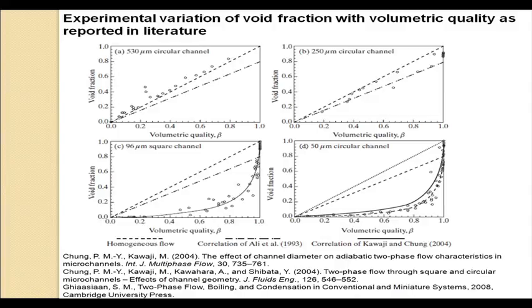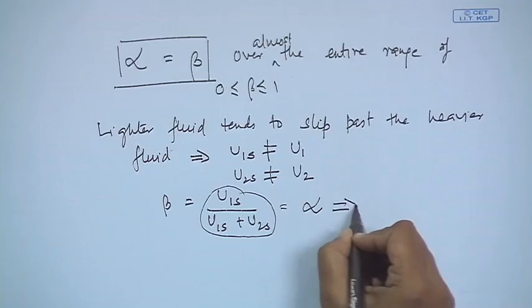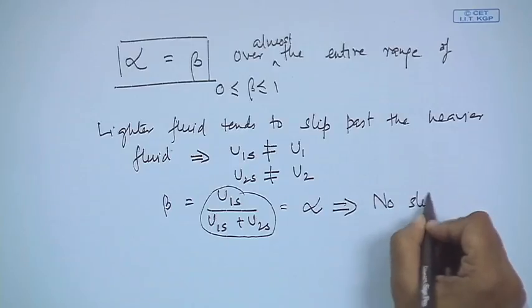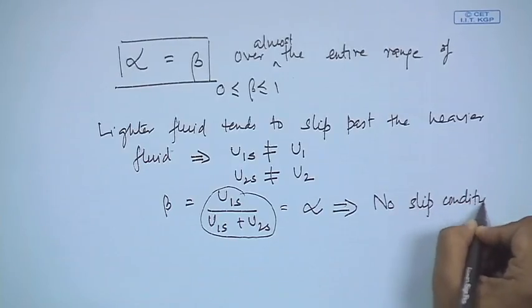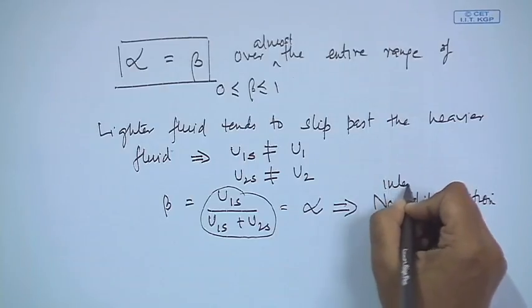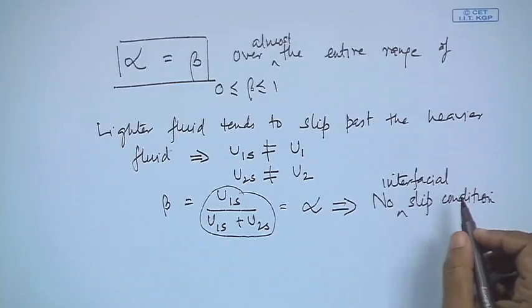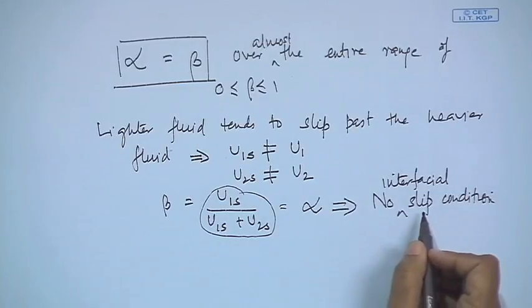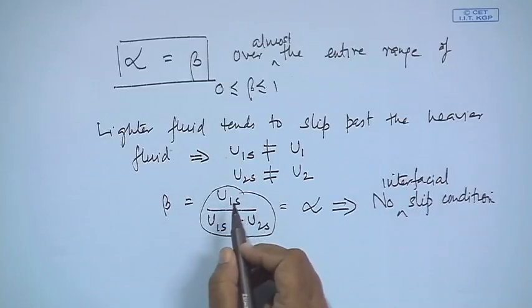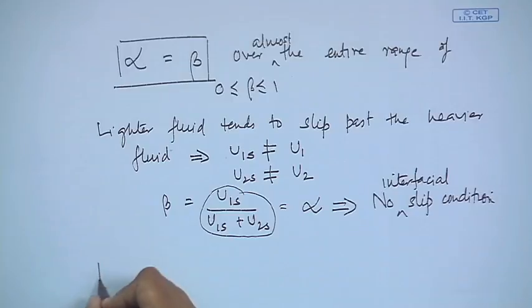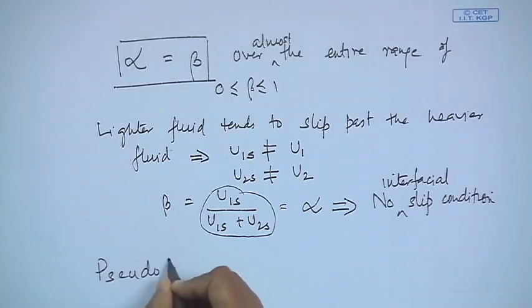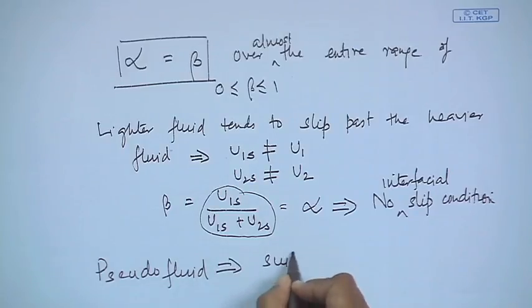It implies that alpha can also be predicted from the inlet conditions, and this hints at a no slip condition, or rather a better way to describe it is a no interfacial slip condition. So if such a condition exists, it means that the two fluids are flowing as a single unit, or as a pseudo fluid with suitable averaged properties.